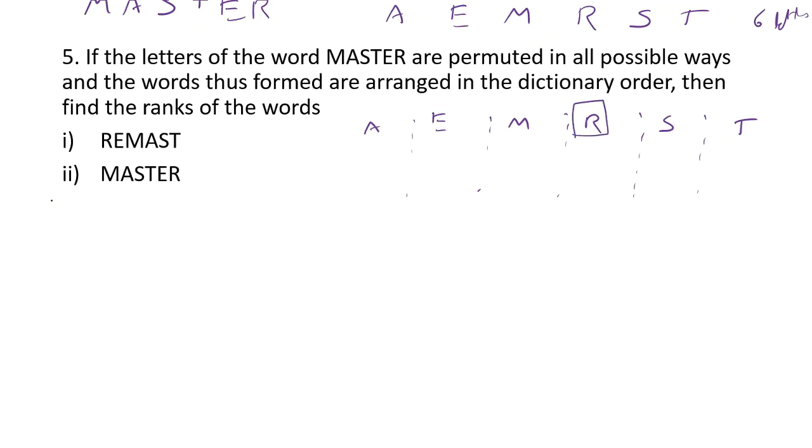Therefore, we have to count the number of words which begin with A, which is going to be 5 factorial, because we have these 6 letters, 1 2 3 4 5 6.